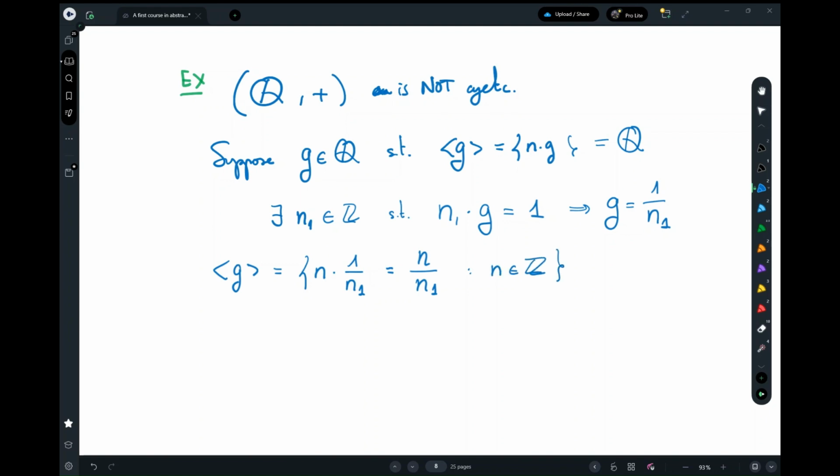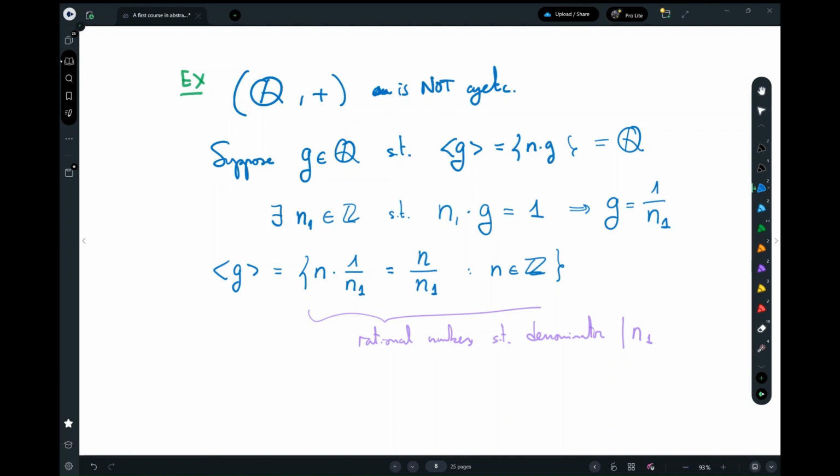But these are rational numbers such that the denominator divides n1. I do have 1. I have all the integers, and I have denominators with n1, but I don't have, for example, 1 over 2n1, for instance.